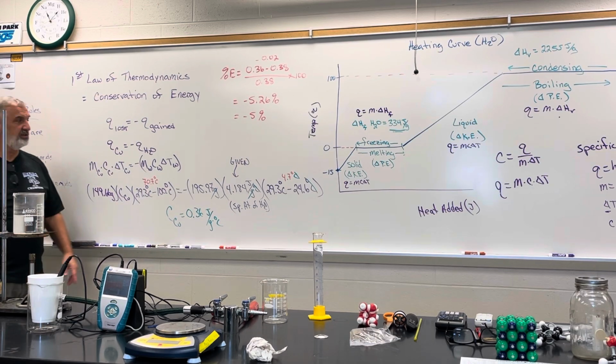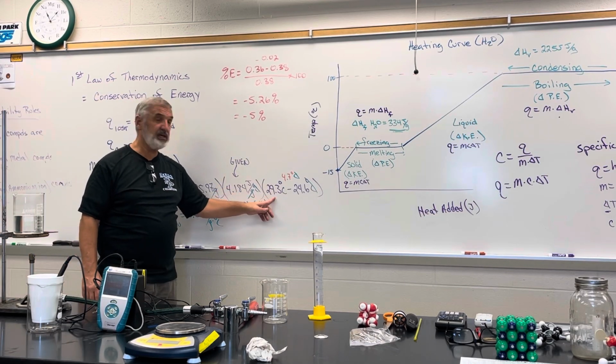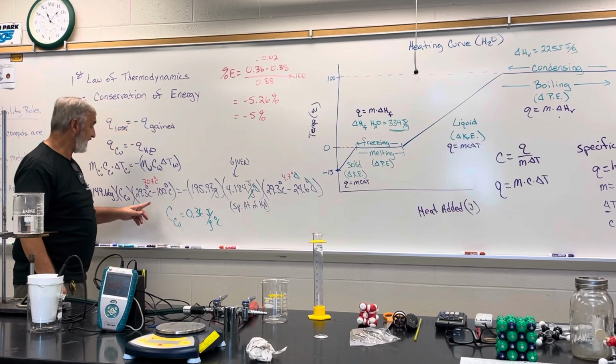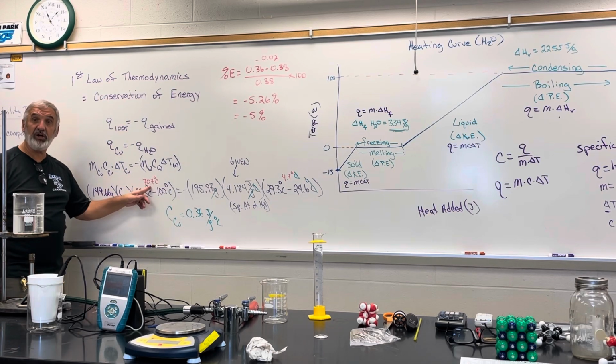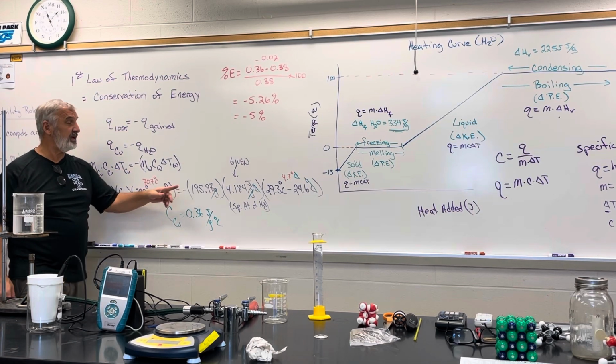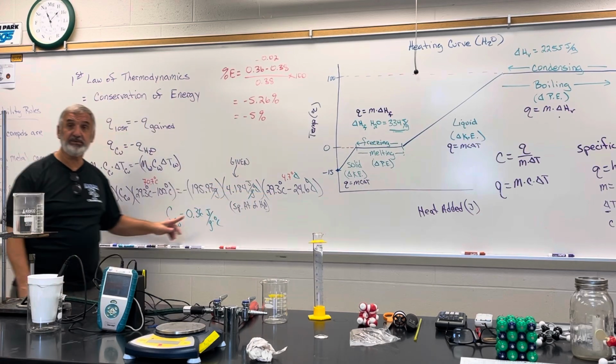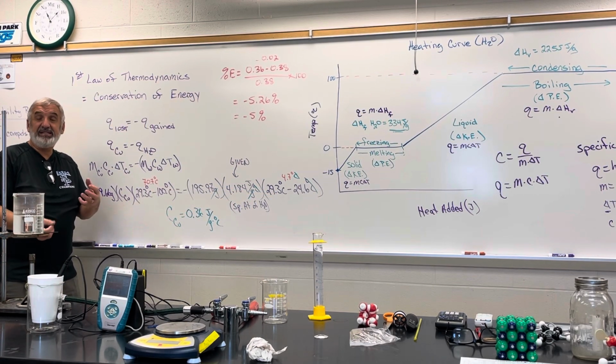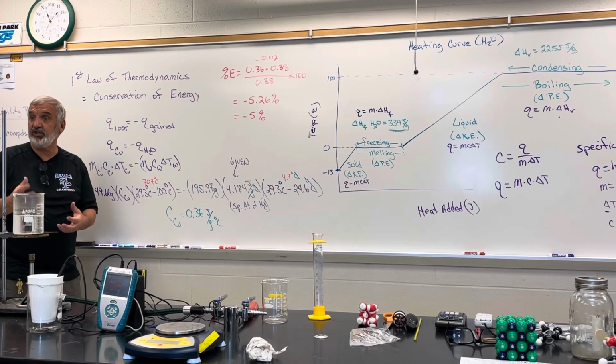The temperature. Probably this temperature right here. Because if this one went up, this number is going to be bigger. If that number went up, this number is going to be smaller. So we're going to have a bigger number in the numerator and a smaller number in the denominator. So it didn't go up quite as much as it should have.